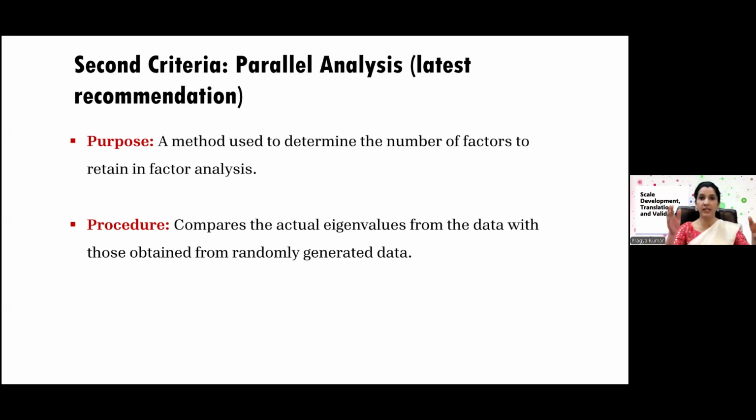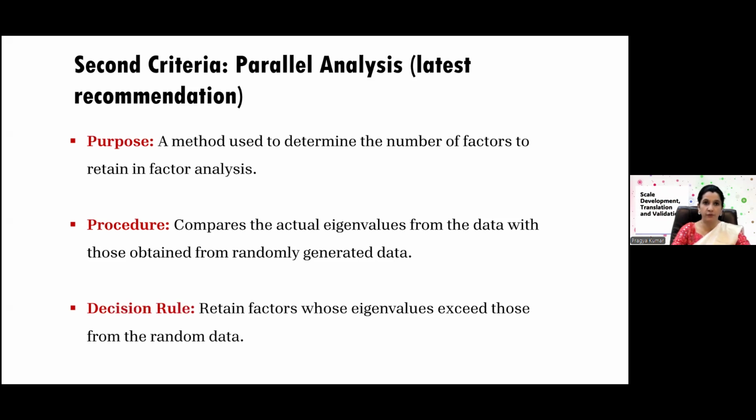It makes many iterations, extracts the factor structure in all those random datasets, and compares the average of that random data with the data you have derived. The decision is that the eigenvalue of the factors in your initial structure should be more than the eigenvalue of the randomly generated data.